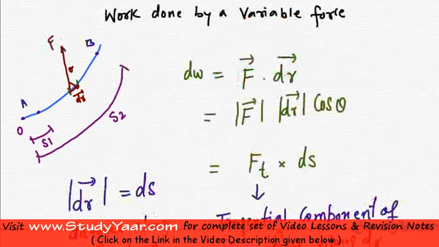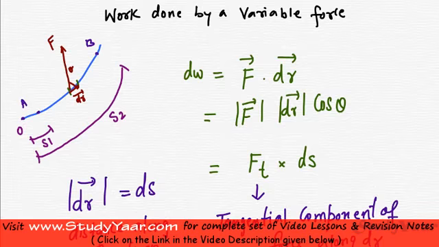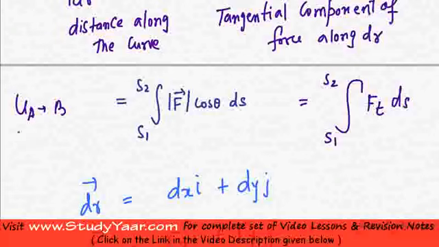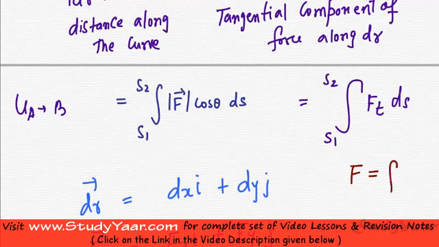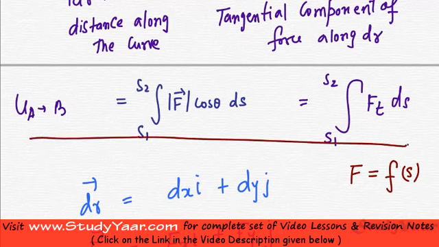Now let's understand when we are going to use which result to get our work done. My first expression gives me the work done as the integral of tangential force into ds, or in other words the integral of the modulus of F into cos theta ds. So if my theta is constant, or in other words my F is a function of s, then I can definitely use this particular result.